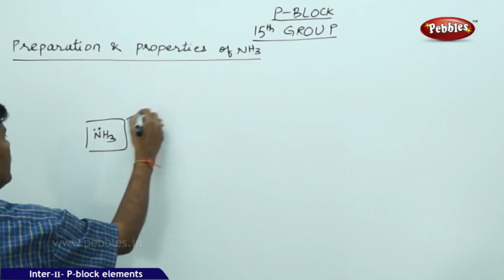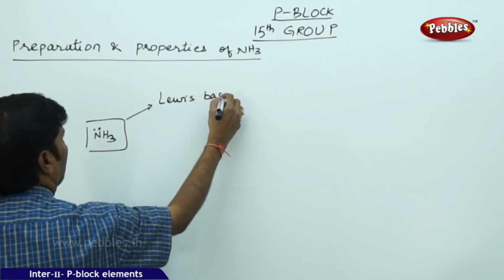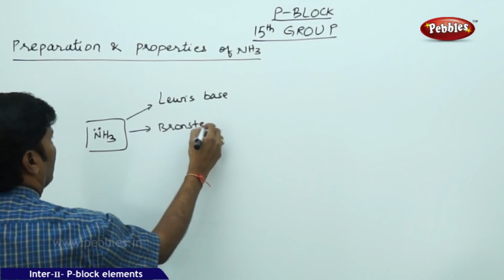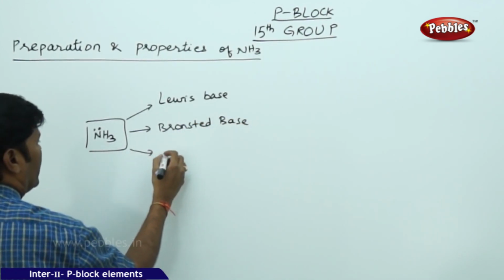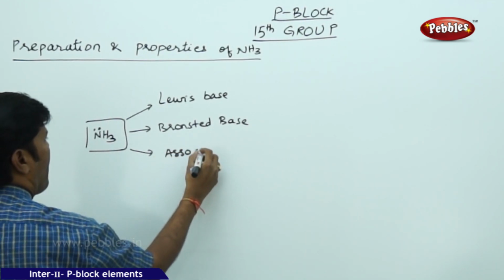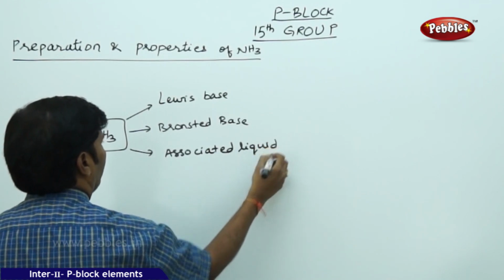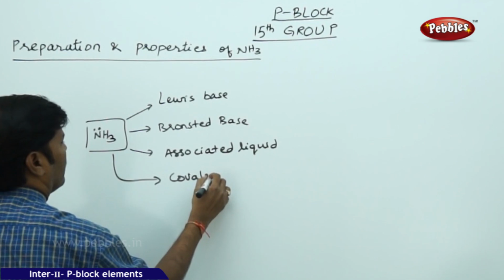Ammonia can act as a Lewis base and also as a Bronsted base. It is an associated liquid. It can also exist in the form of a covalent solid.